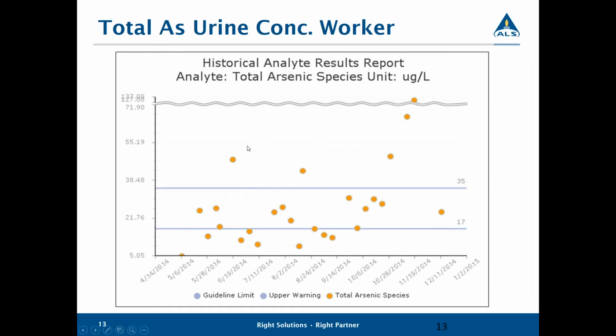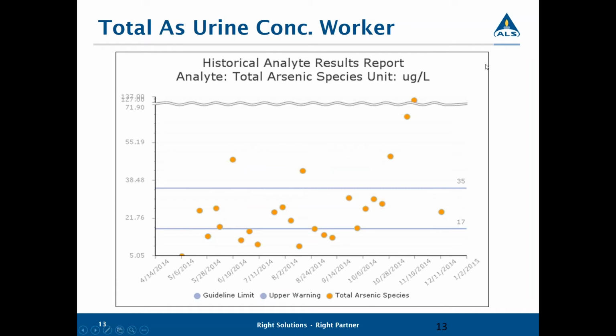And you can see that in many situations, changes to the worker's job would have to be made. So maybe anything above 17 would result in doing fewer sites that involve decommissioning and a higher exposure level.